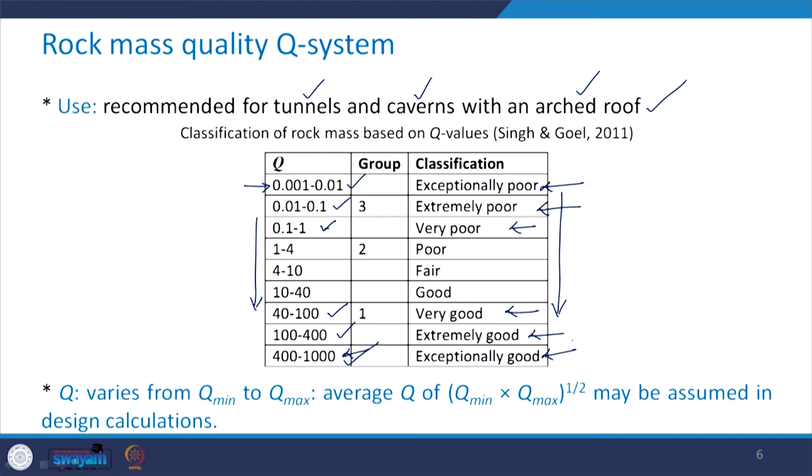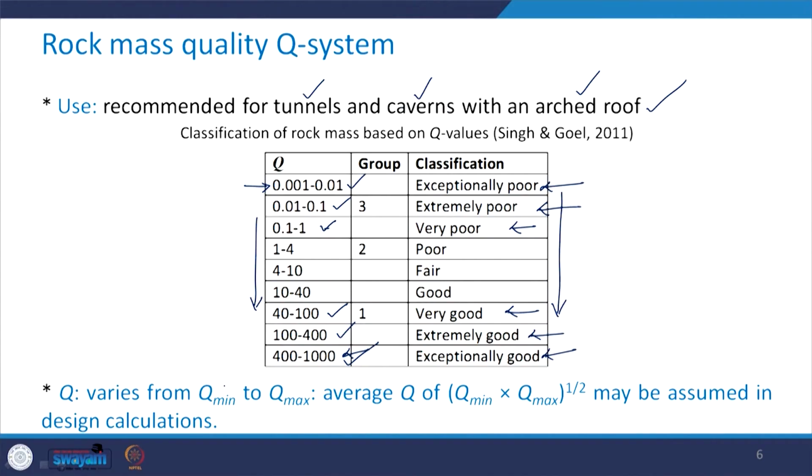Sometimes the conditions in the field are such that you may not get one single value as a rating to be assigned to a parameter, rather it may be a range. So in that situation, the Q value will not be a single value, but it may vary from Q minimum to Q maximum.